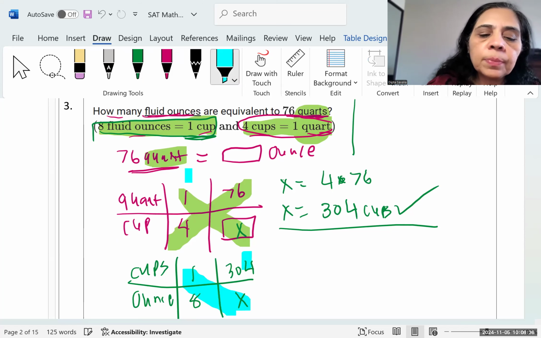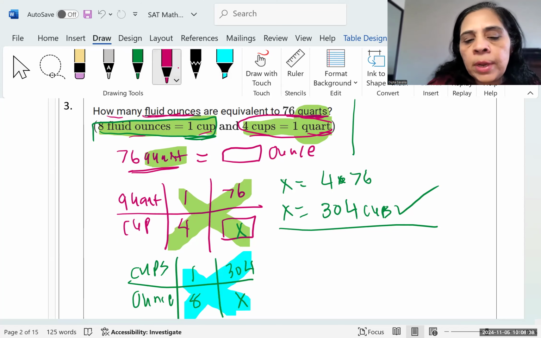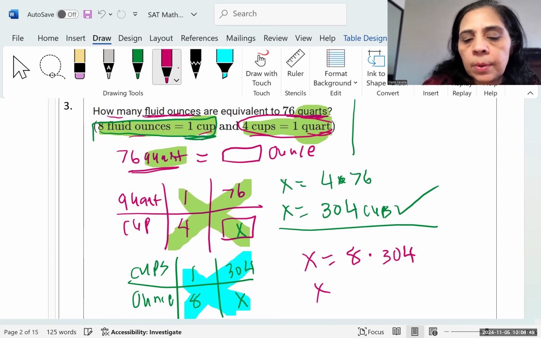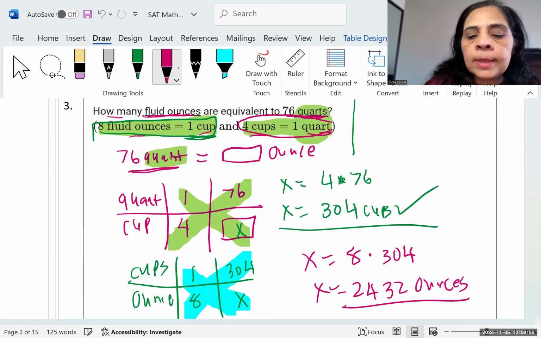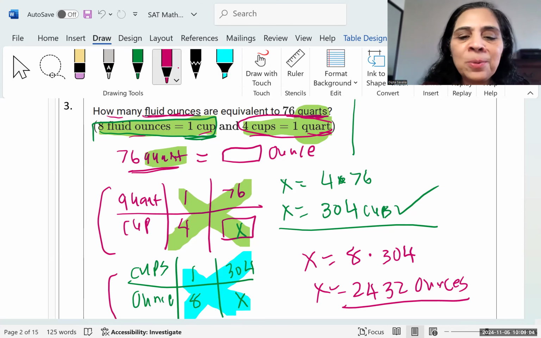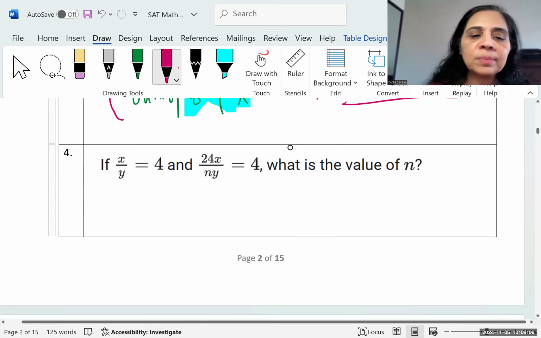Look at this. So we can write equation 1x equal 8 times 304. So times 8 is 2,432 ounces. That's it. That's your answer. So remember, whenever we have conversion, you can make chart like this and just do cross multiplication. Simply, you can find answer.